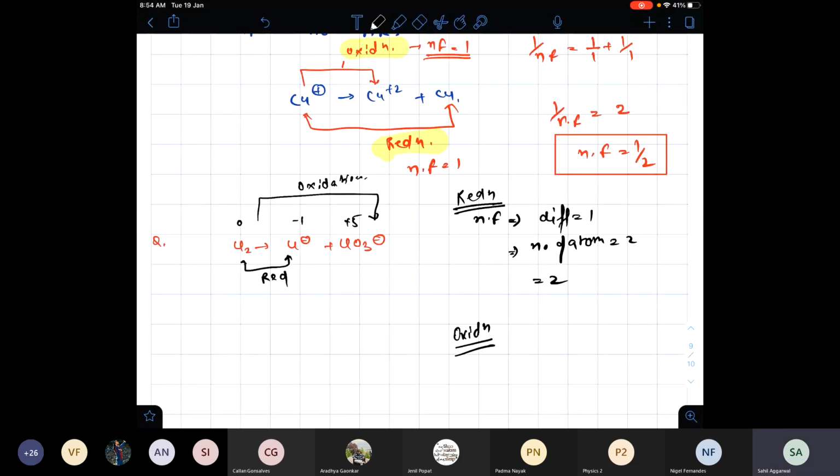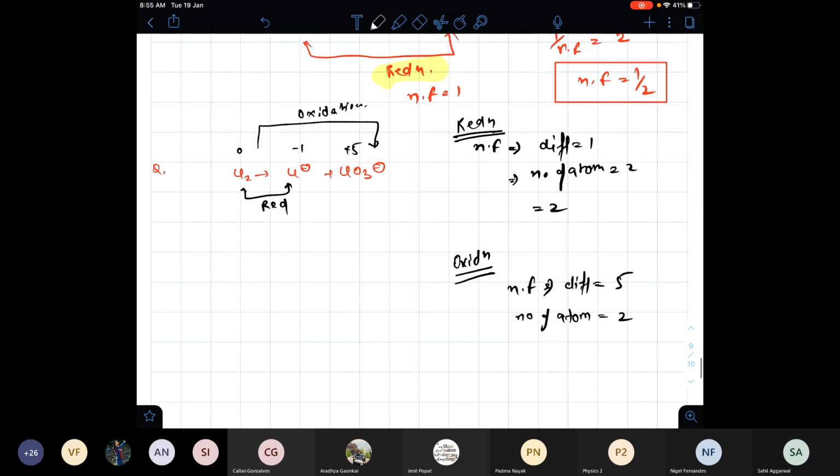For oxidation, difference is 5, number of atoms is 2, N factor is 10. We got both N factors.